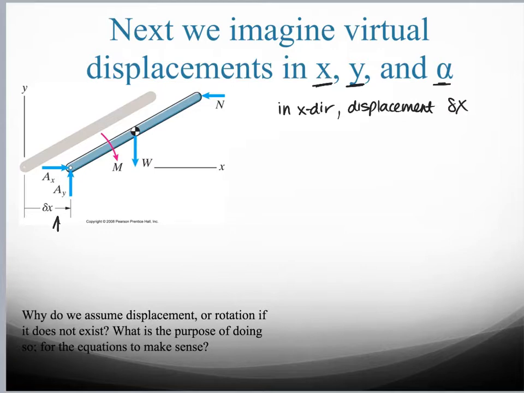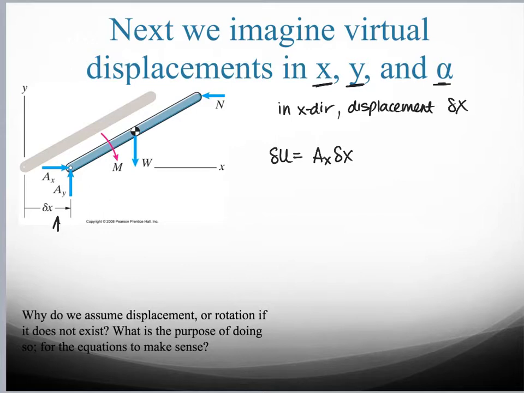And so we want to think about, of all these forces and moments acting on the object, which ones would do work? Well, obviously, the vertical forces aren't going to do any work in this situation, and neither will the moment. So the only forces that'll do work, and we're going to start writing down, AX would do a positive amount of work, and it would be equal to the force times that displacement.